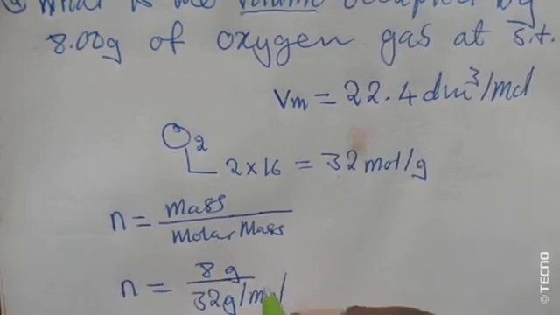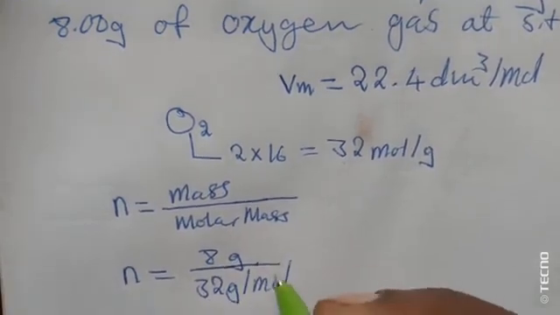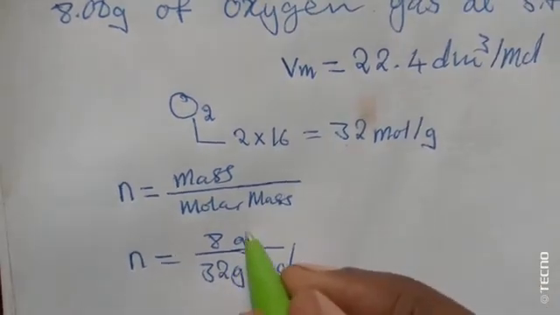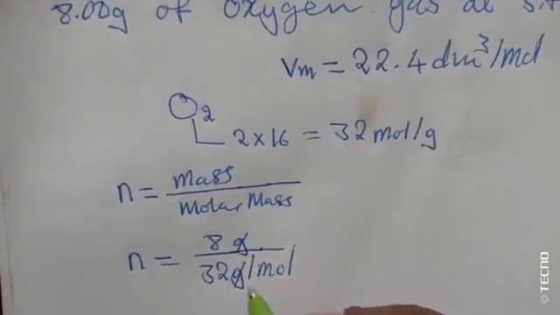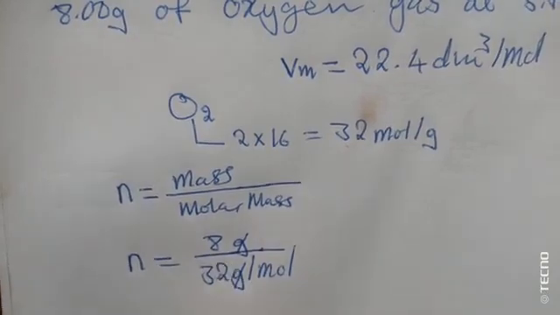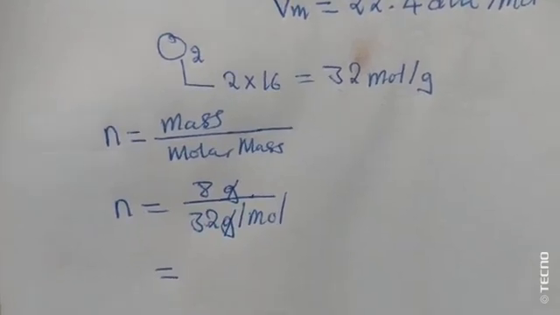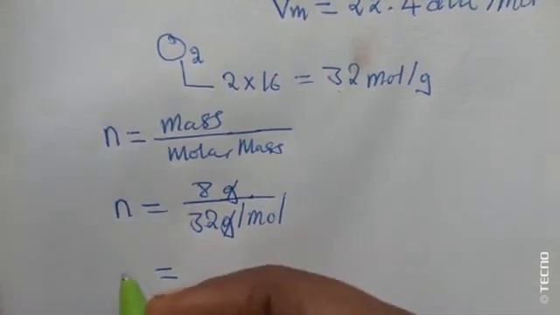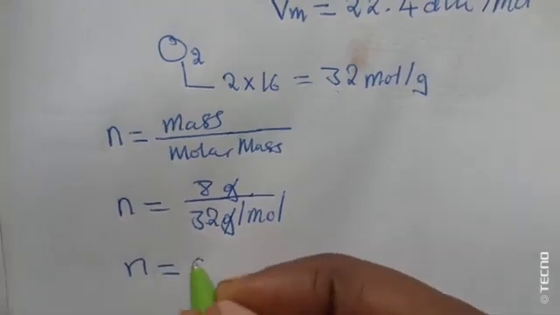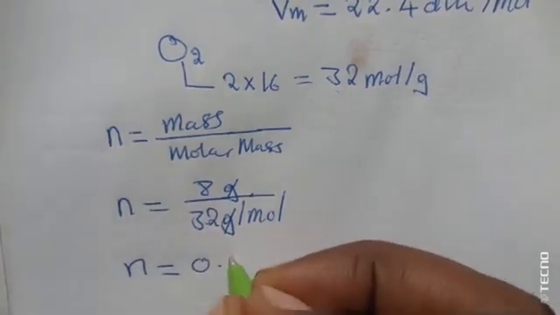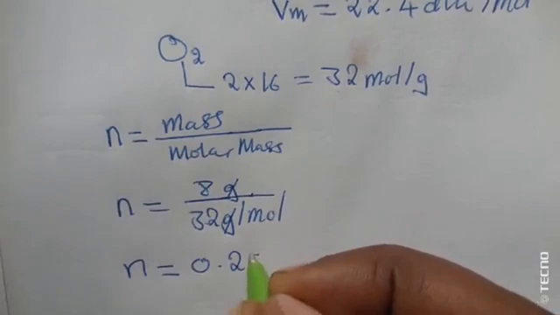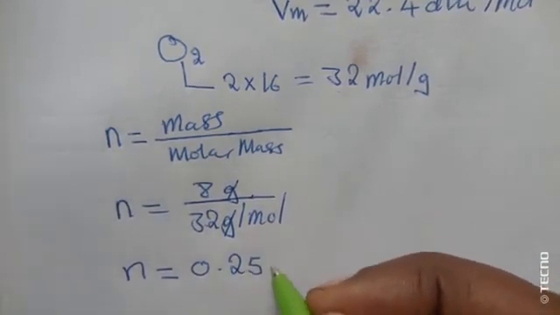Okay, grams per mole. So you cancel the gram, and what will be your answer once you divide? Your answer is n is equal to 0.25 mole.